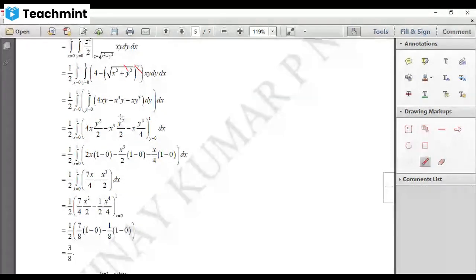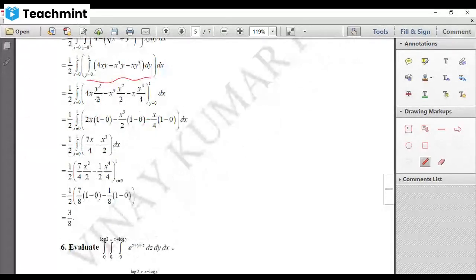Now we have to integrate this with respect to y. When you are integrating with respect to y, your x is constant. So 4x is constant. Y square by 2 is the integral of y, minus x cube is constant. Integral of y is y square by 2, minus x into integral of y cube is y to the power of 4 by 4, and the limit is from 0 to 1.